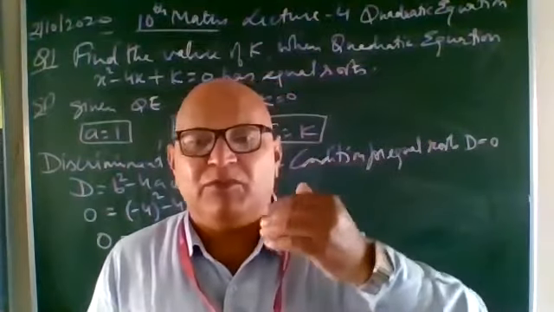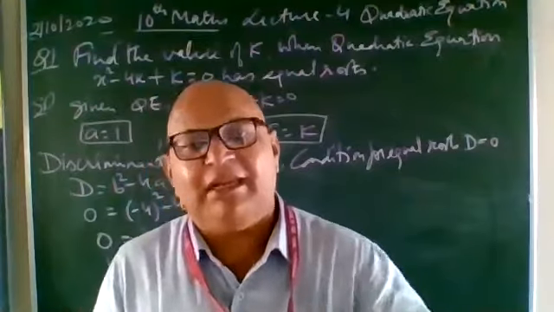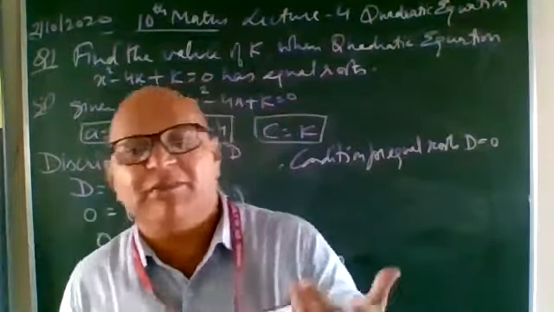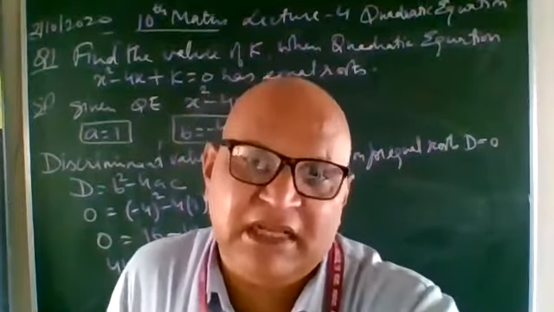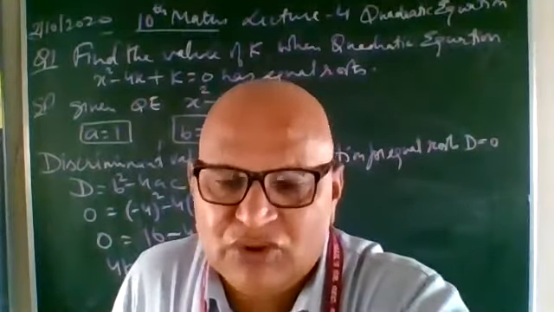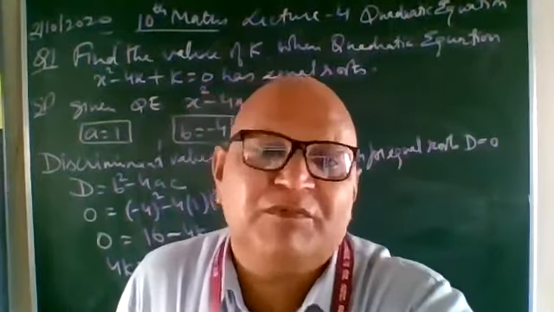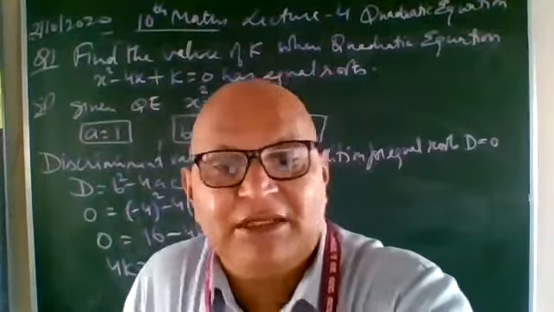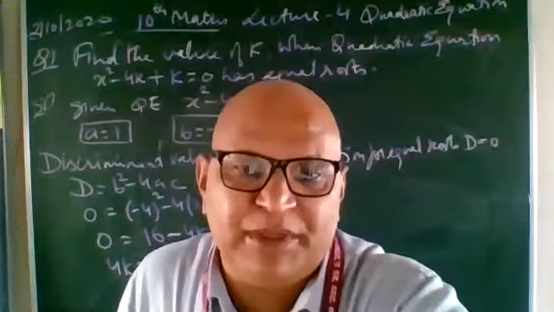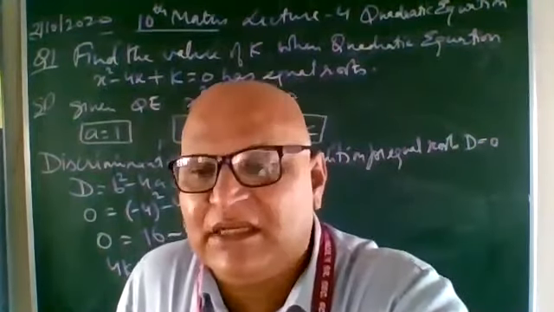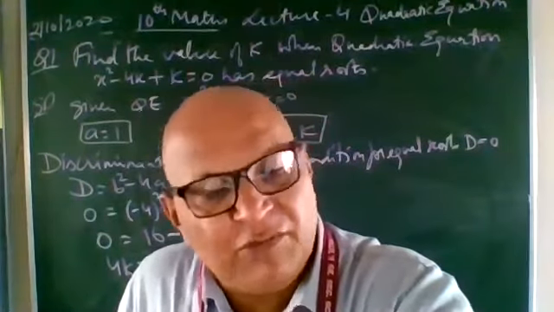Some students, how will they start? Let the first number be x, the second number 180 minus x. Because the sum of two numbers is 180, so one number is x, then the other is 180 minus x. So these are the things you have to remember. It is not necessary that you cannot start with the linear equation in two variables. You can start with the linear equation in two variables, but the final answer you will get from the quadratic equation form.